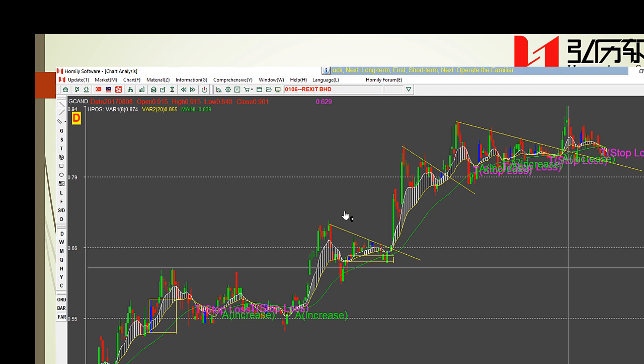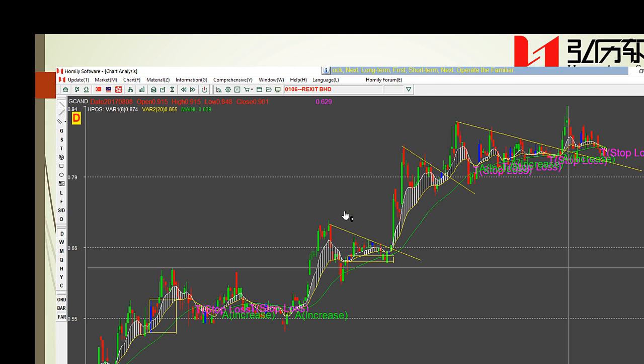Sometimes the first buy point is hard to grasp, because if we combine two indicators to filter, the signals that come out will be very few, not so many. So sometimes we can just find the third buy point.